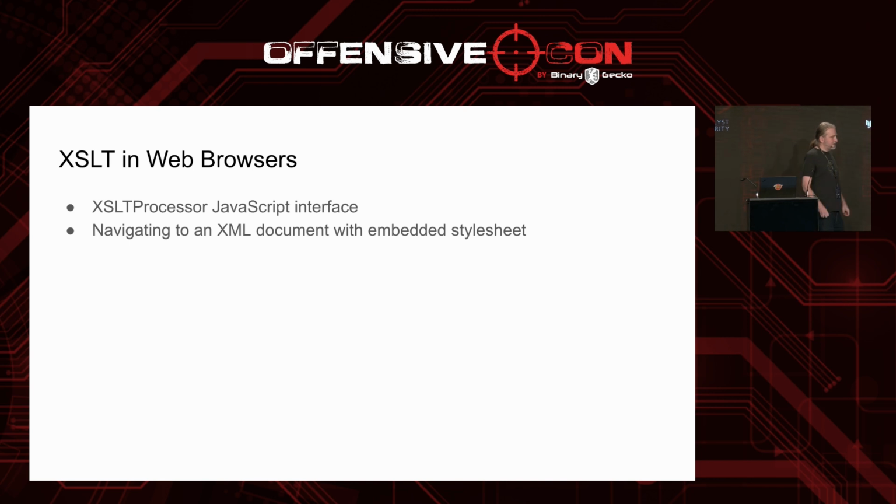And then there is also the second method, which is if you simply navigate your web browser to an XML document, and this XML document has an embedded style sheet, well then the XSLT engine is going to apply that style sheet to the document before it gets rendered. And this is interesting from the attacker's perspective because it allows the attackers to reach this attack surface even if JavaScript in the web browser is disabled.